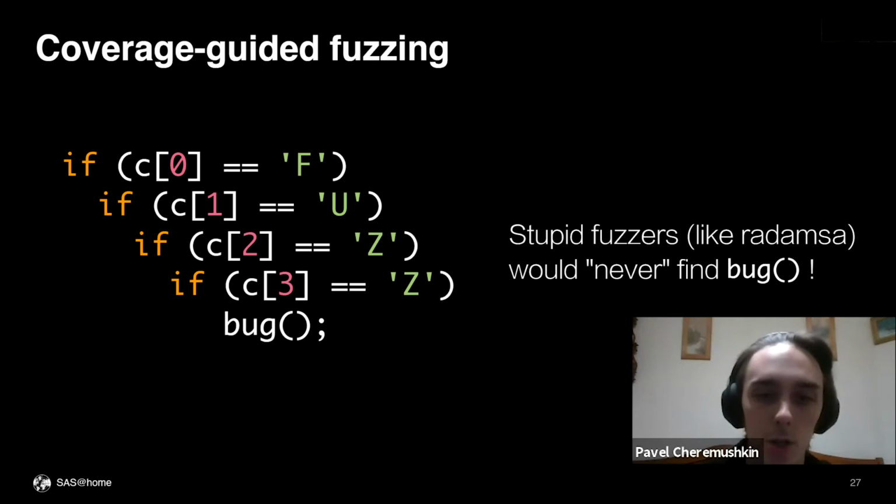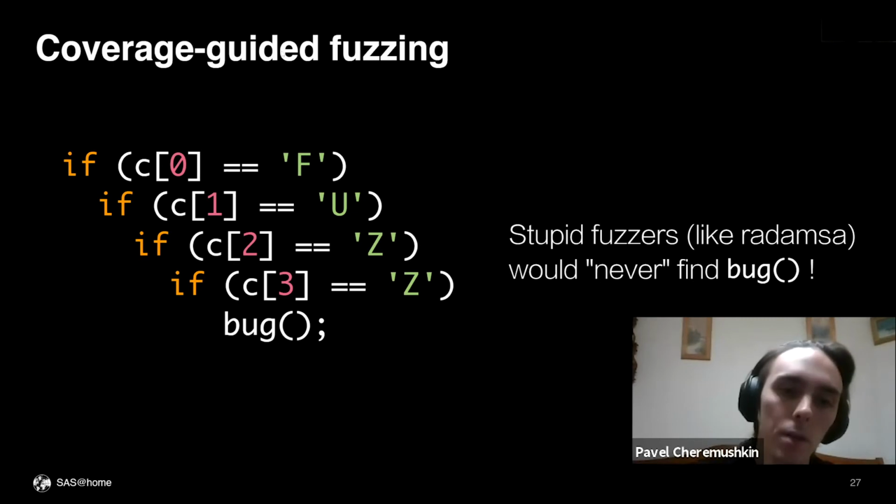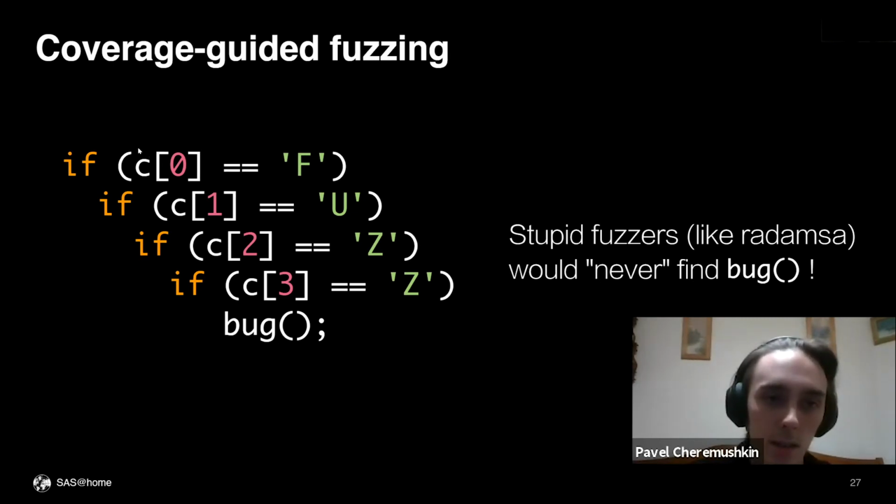They do tokenization of text and XML, and they insert some interesting mutations of the text sometimes. But if you have code like this, so C is an array of bytes, and if the first 4 letters are fuzz, then some software bug would be triggered, and we would like to detect those.